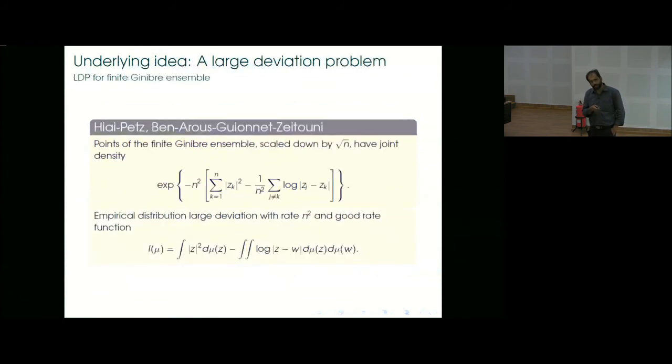If you look at the finite Ginibre ensemble, I had written it in the first slide. The finite Ginibre ensemble is n points, and Ginibre found the exact density of the eigenvalues. That can be written as e to the minus the summation of mod z_k squared, times the Vandermonde squared. That's what the density of eigenvalues looks like.